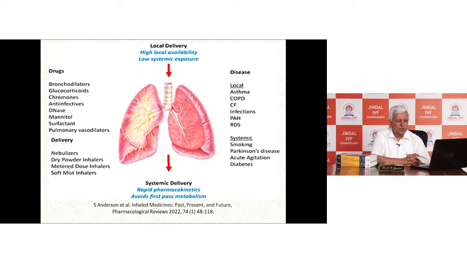As you can see from this comprehensive slide which was published some time ago in the Pharmacological Review, bronchodilators and glucocorticoids are the two most commonly used drugs, then chromones, anti-infective agents, antimicrobials, DNAs, mannitol, surfactant, pulmonary vasodilators have also been administered by the inhalational route, and there are multiple methods of administration and different types of diseases for which these drugs have been used, both local and systemic.